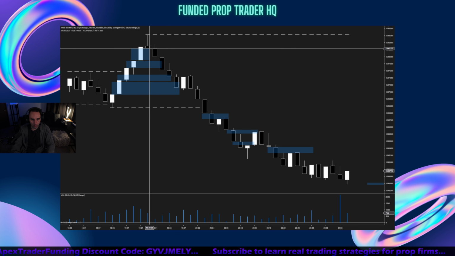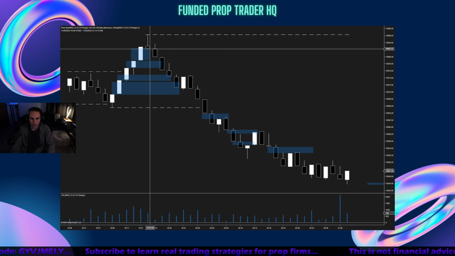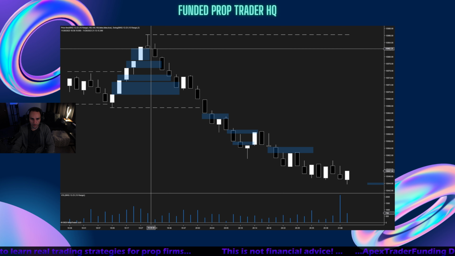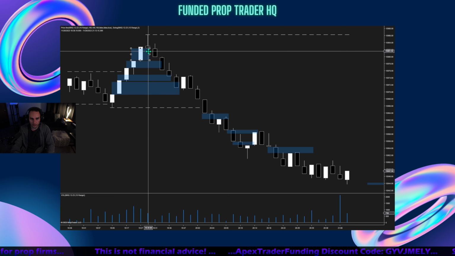When this bar closed, technically there was a gap there, but there was no opportunity to use this gap to enter a long position because of the nature of range charts: this candle immediately entered into this gap. You wouldn't have had enough time to react and enter a long position there.